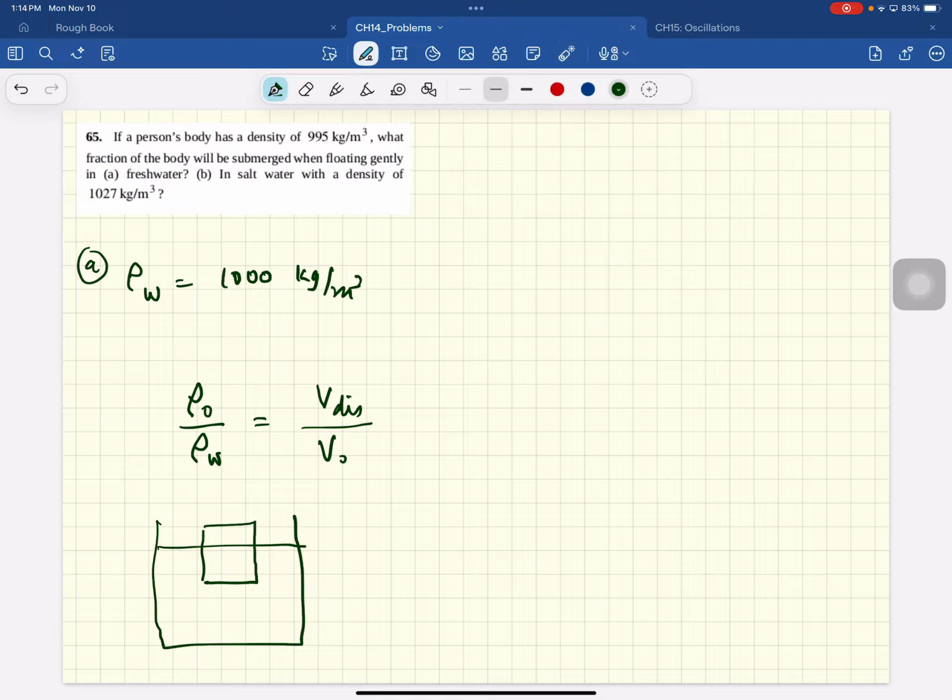All right. So they ask you what fraction of the body is submerged.